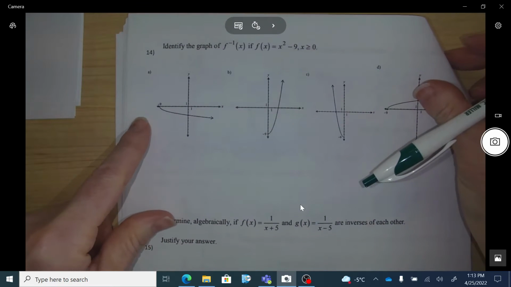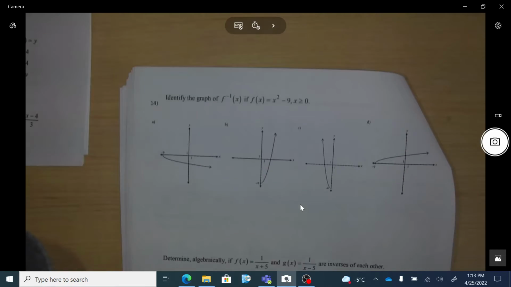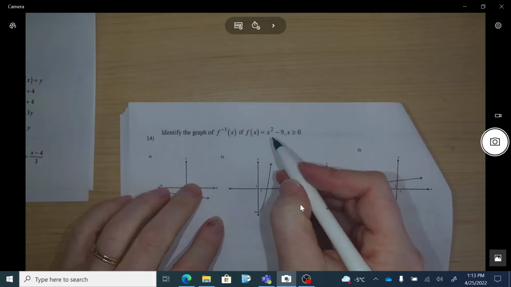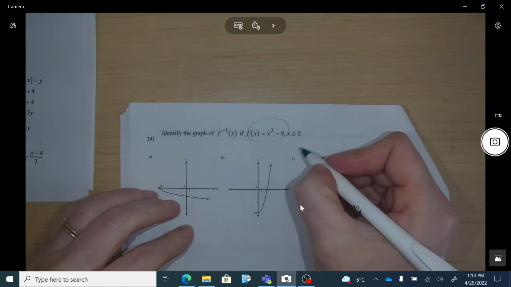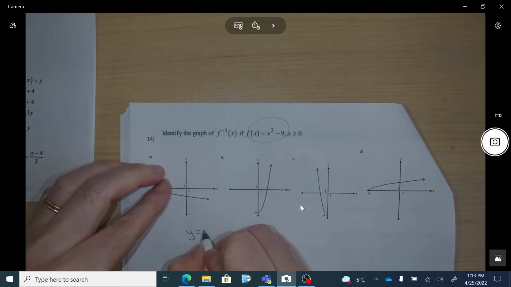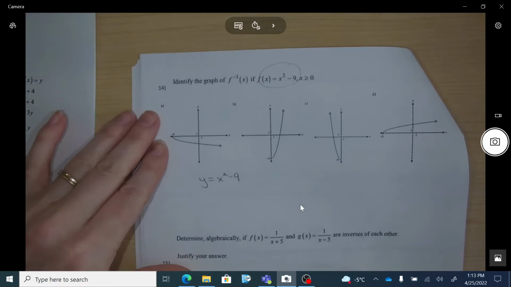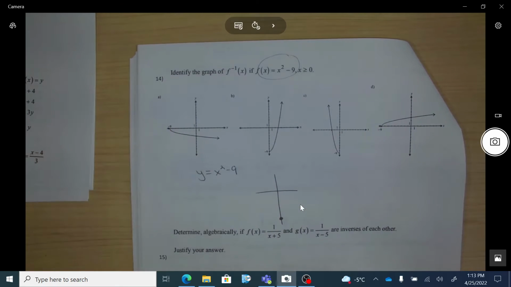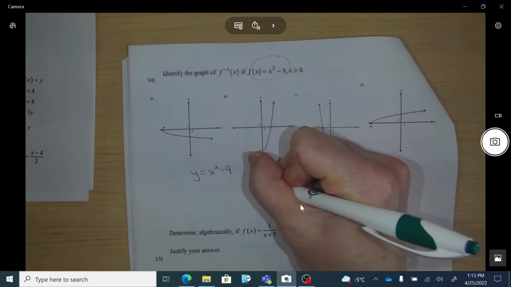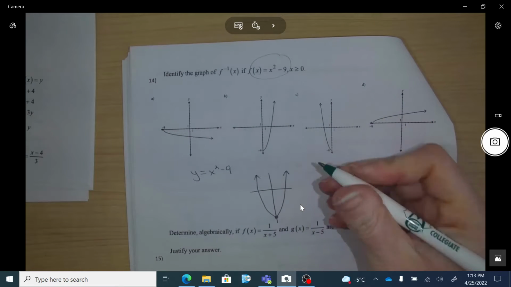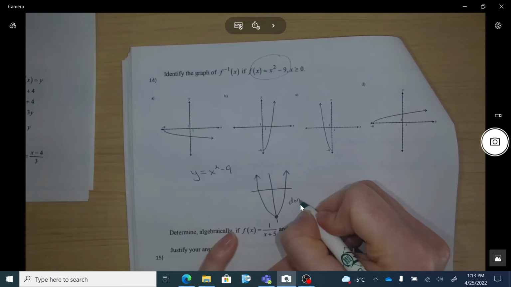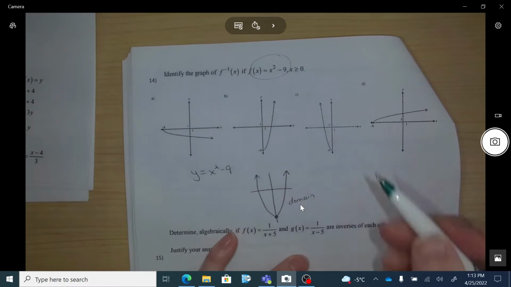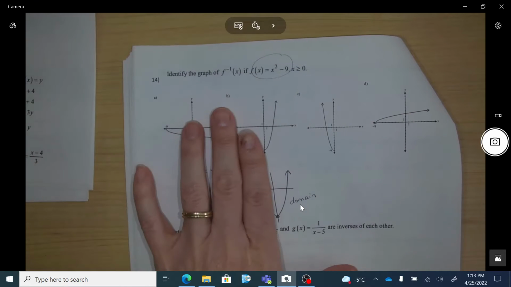Identify the graph of the inverse if that is happening. So what do I know about this? If I was to ever just graph that function, a parabola that's shifted down 9, but I want the domain of just this half.